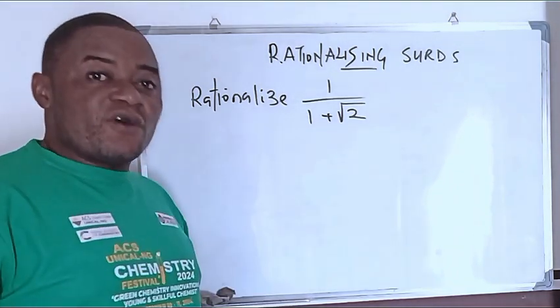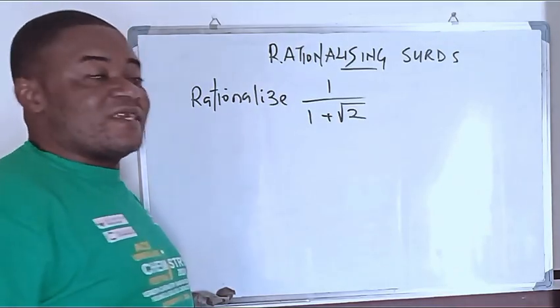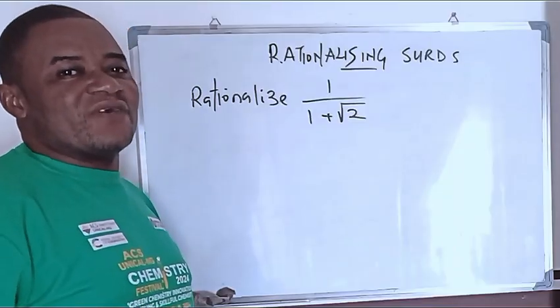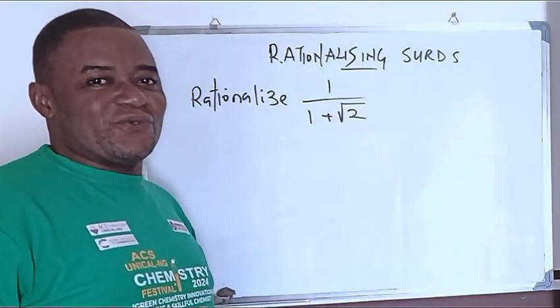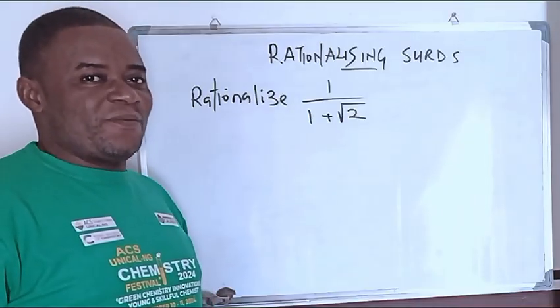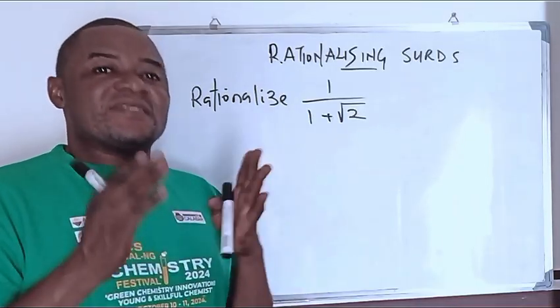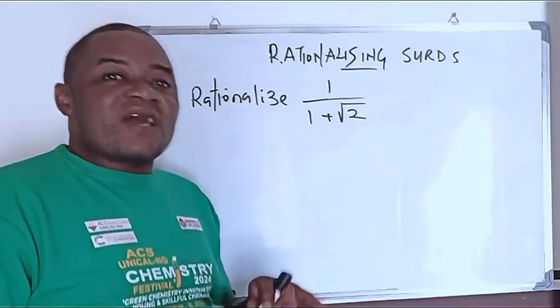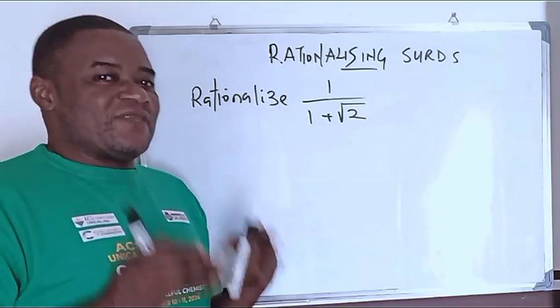Now, something important you must note while solving surds that ought to be rationalized is that you have to create another fraction, in the inverse form of the denominator of the surd.